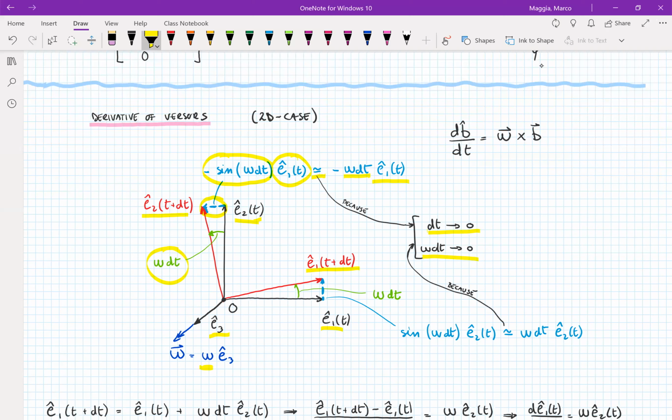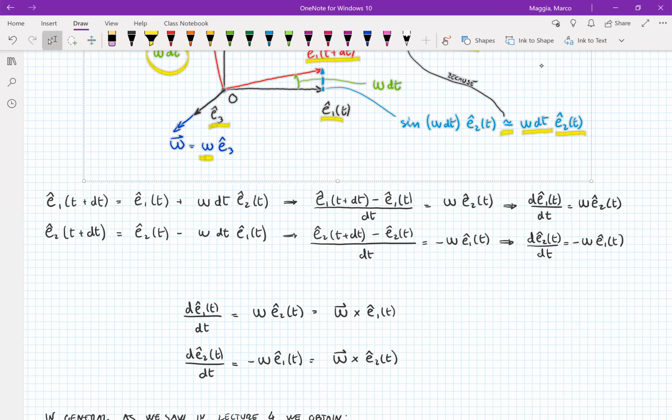Similarly, we can find an expression for the difference between the two E1 versors, and that is given, with the approximation valid for small angles, by omega dt in the E2 direction.